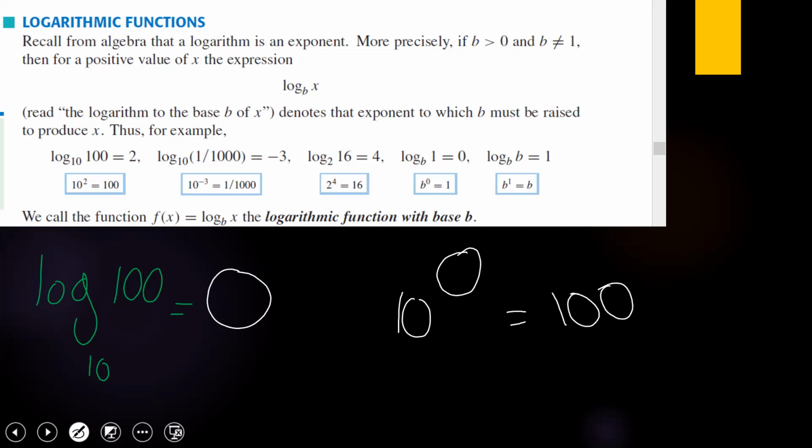Let's try. 10 to the power 1 is 10. No. 10 to the power 2 is 100. So 10 to the power 2 is 100. So when I'm asking you to find logarithm to the base 10 of 100, you have to ask yourself, what is the power that if I raise 10 to it, I get 100? You will tell me, teacher, it is 2.